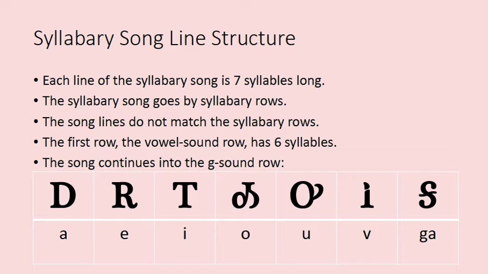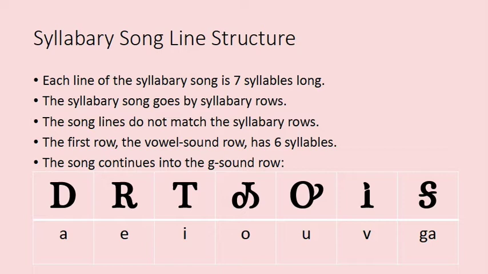So there's a disconnect between the structure of the syllabic system laid out and the syllables of the song. So the song lines do not match the syllabary rows, but the syllabary song goes by syllabary rows. So you're singing row by row, but the song lines and the syllabary rows don't match exactly.